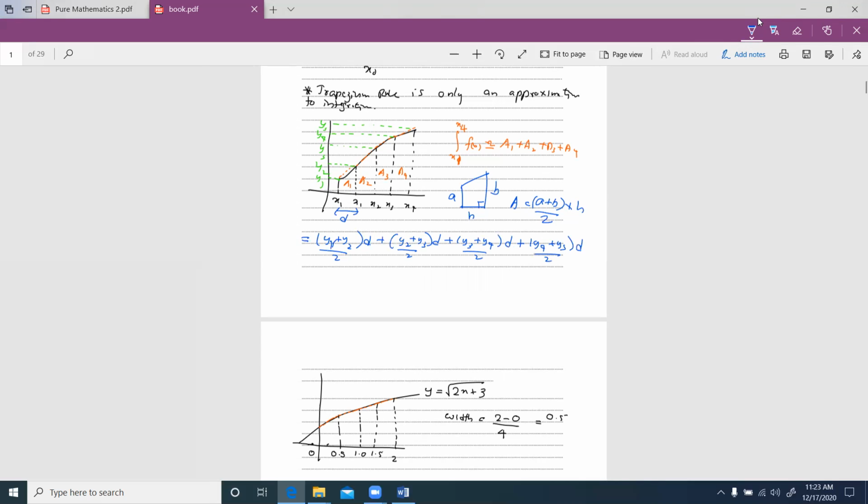Now you can understand this one, right? Okay. Then you can see for all of them, half d is common. Then you can say this is y1 plus y2 plus y3 plus y4 plus y5. Sorry, I just made a small error.